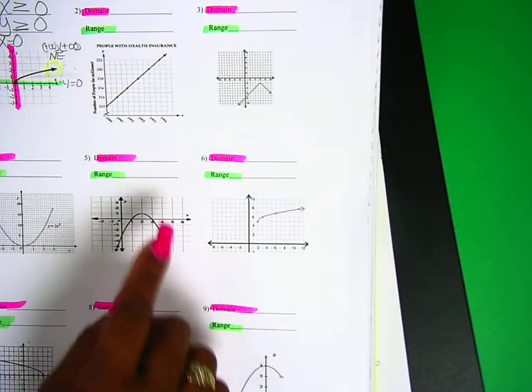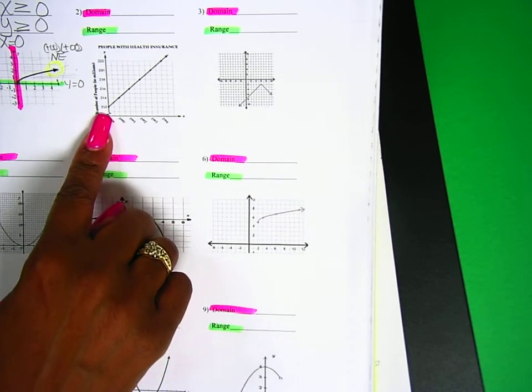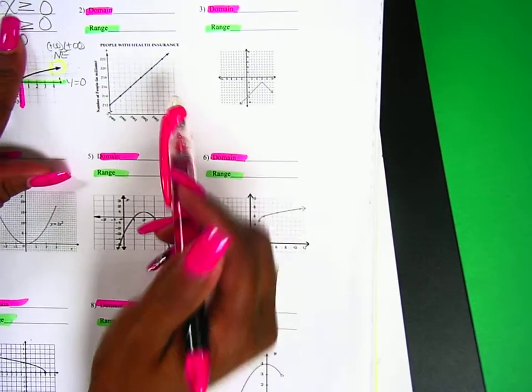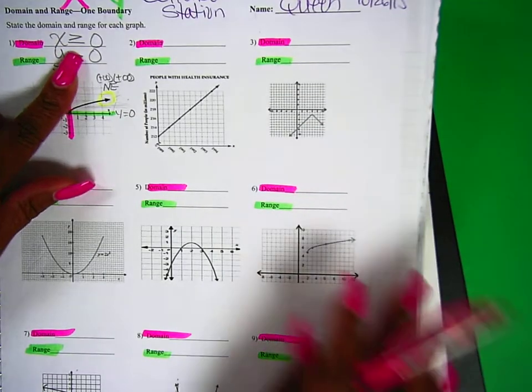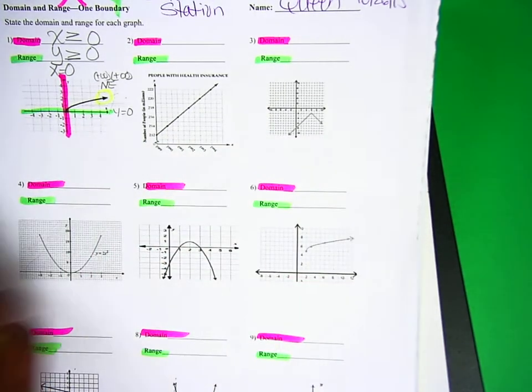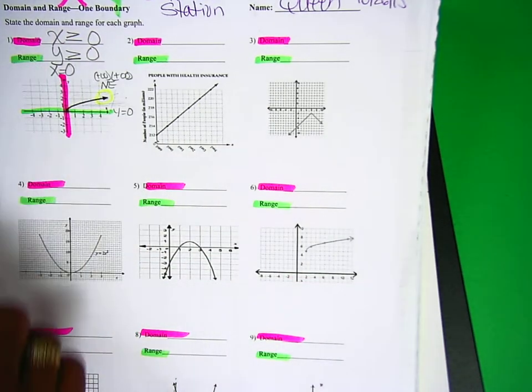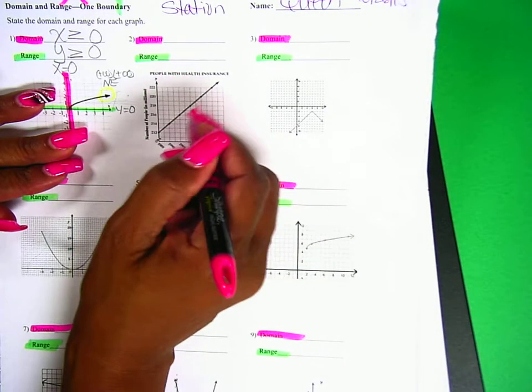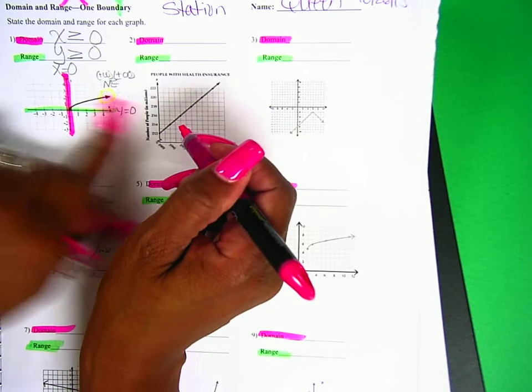So let's go ahead and do the next one. I'll help you set it up. When it has an arrow, guys, it's going to be just one endpoint, not like when you have 2 endpoints. So it's just going to be your normal inequality that you're used to seeing. Let me put my boundary here. How far does this graph go to the left?